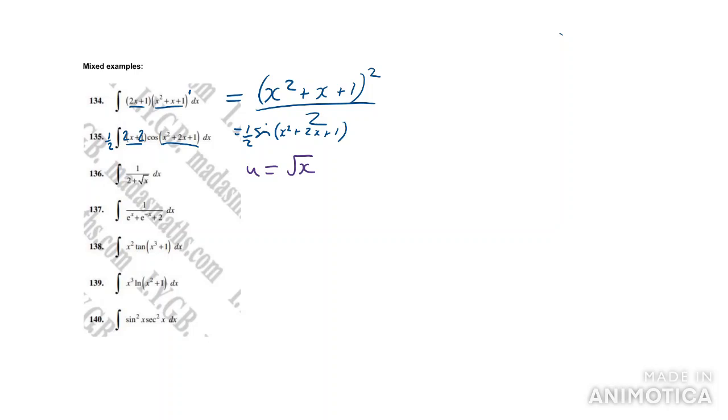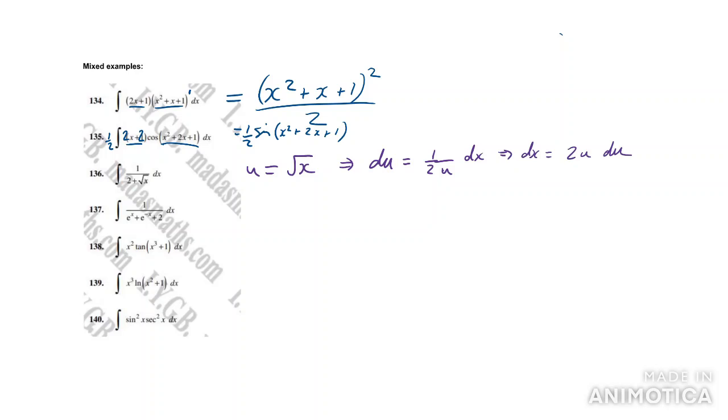So if we try this substitution, du/dx is a half over root x. So that will be du equals 1 over 2u dx, just skipping some steps. And so we get that dx is equal to 2u du.